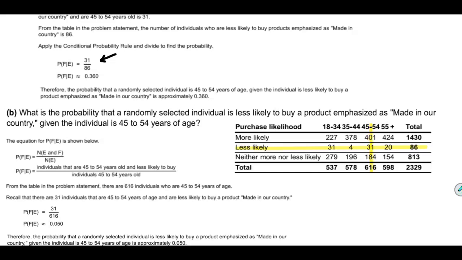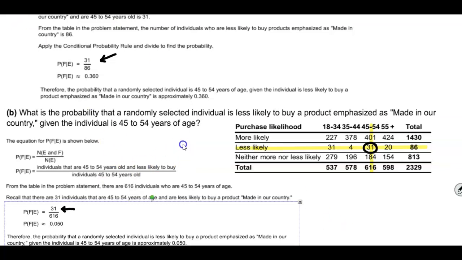Wherever we make that cross represents the number that we're looking for. So again, our numerator is 31 individuals that are 45 to 54 years old and less likely to buy. You can see in our formula that we have 31 in the numerator.